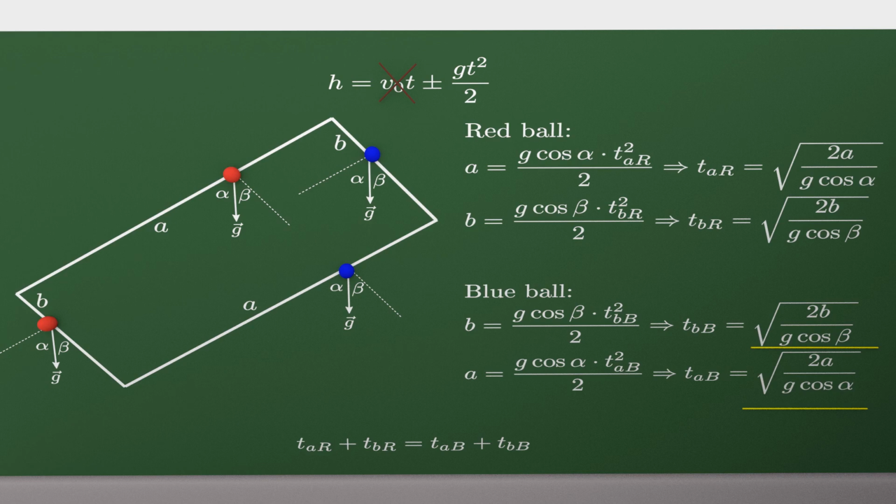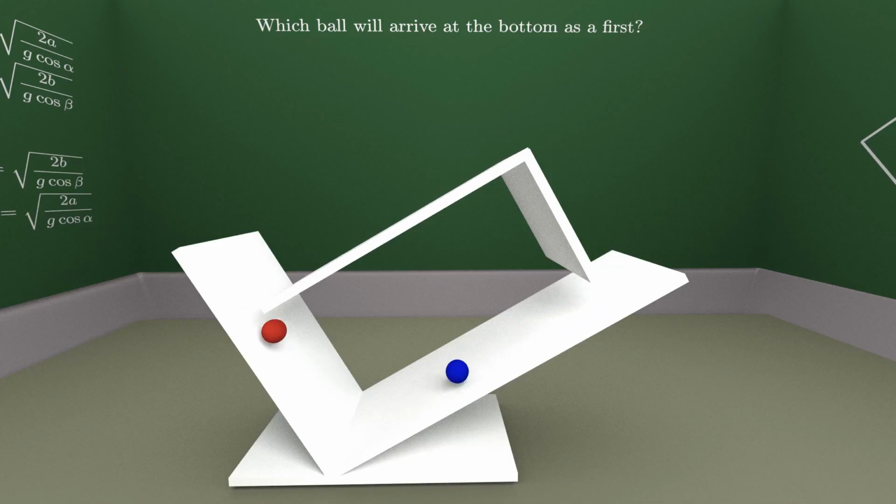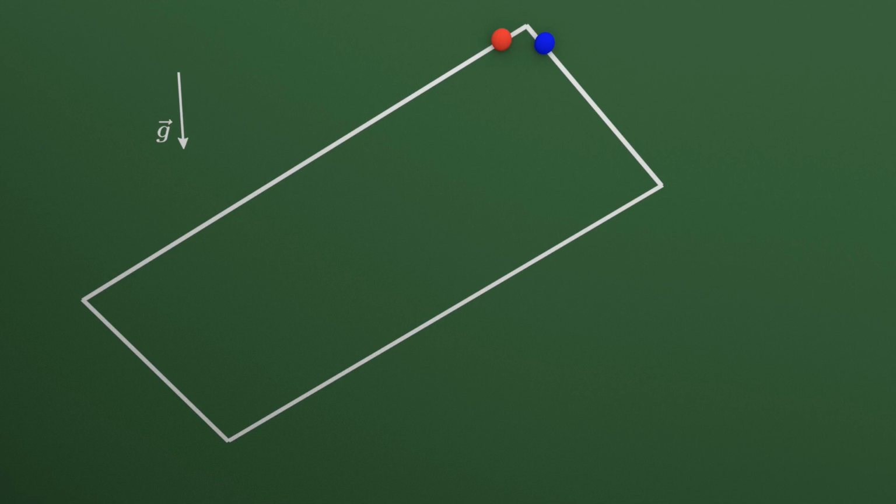The time it takes for the red particle to reach the bottom is this, and the time it takes for the blue particle to reach the bottom is this. It is more than obvious that those times are equal. So, the final answer is: the particles will reach the bottom at the same time.